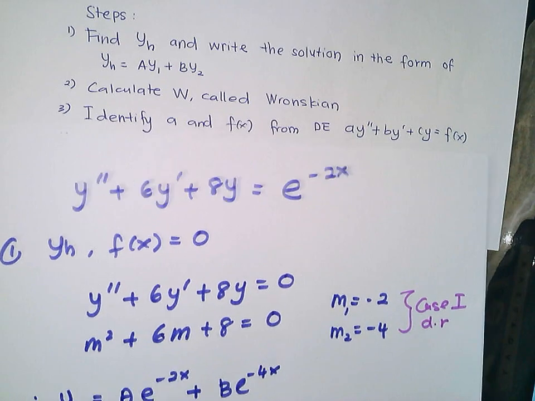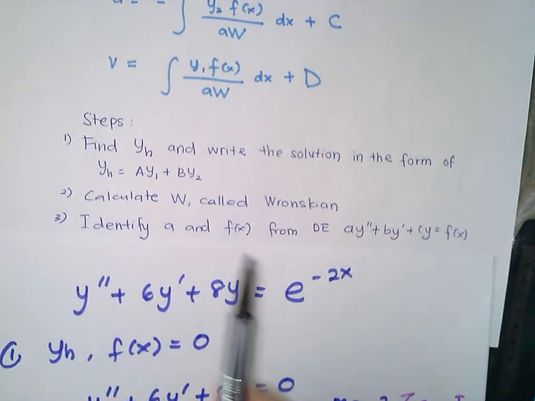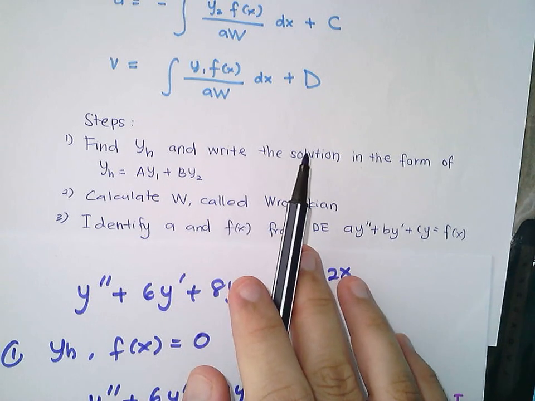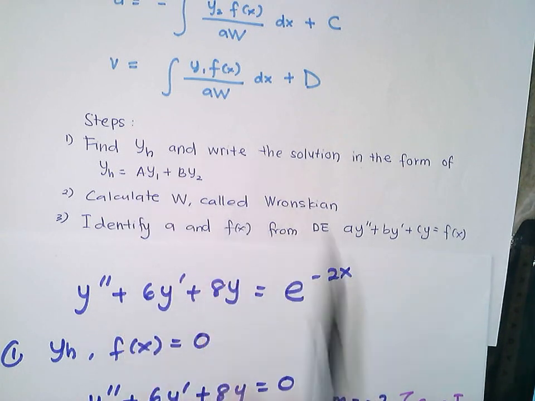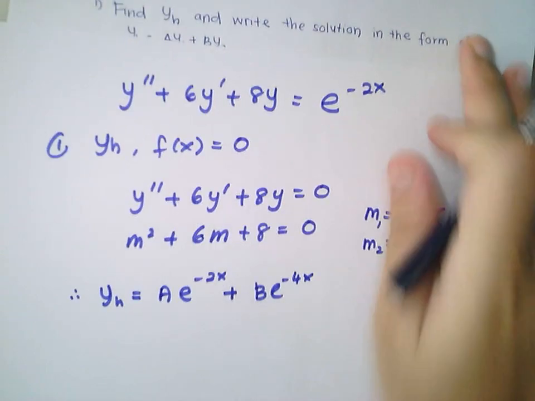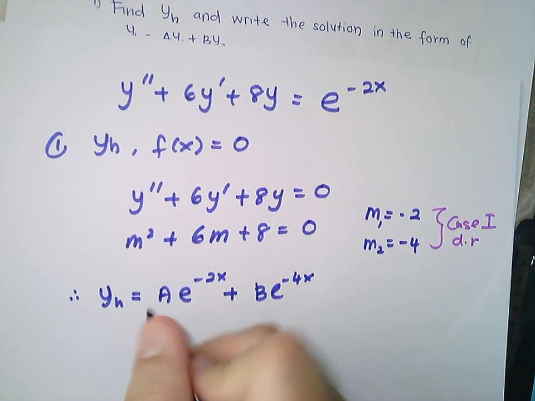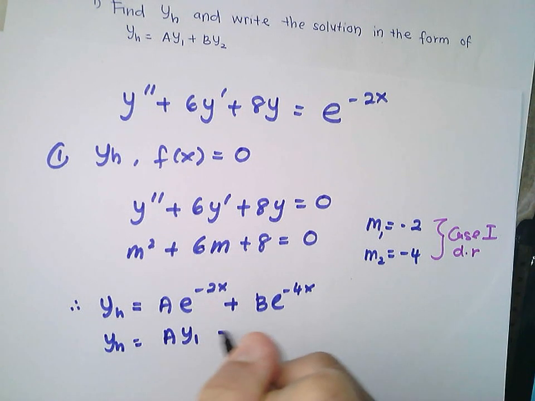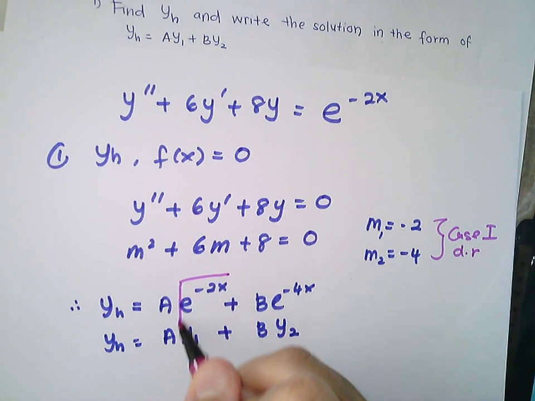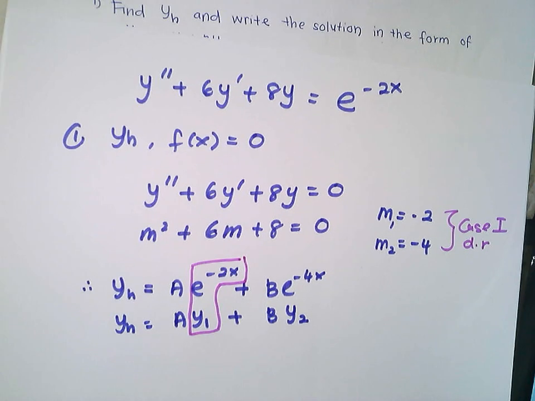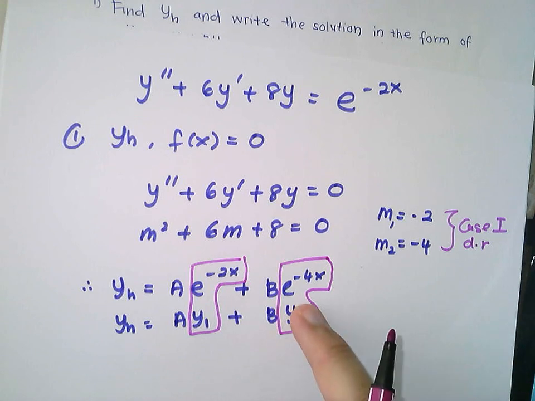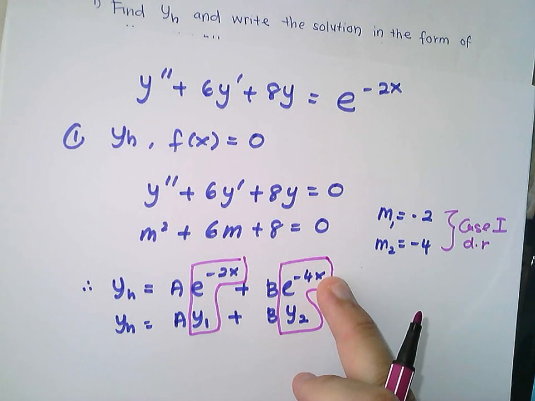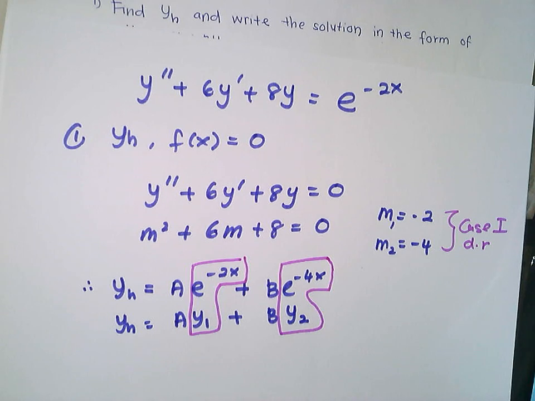As you can see, in step 1 you have to find your YH and write the solution in the form of A y1 plus B y2. So what is your y1? You know that your y1 equals e to the negative 2x and your y2 equals e to the negative 4x. This is your YH.